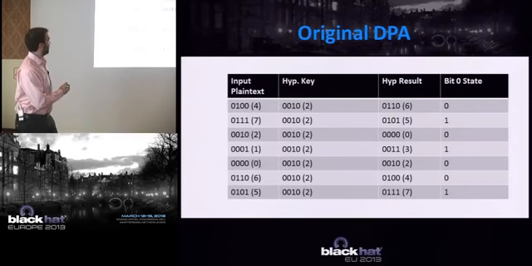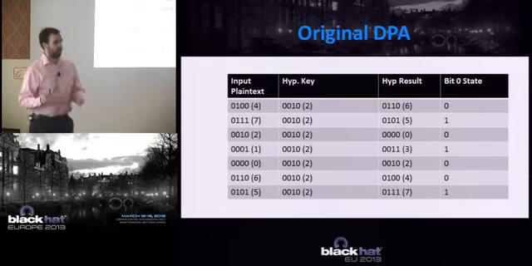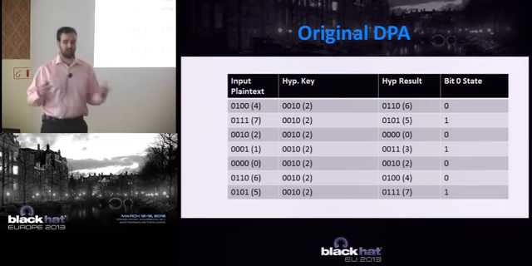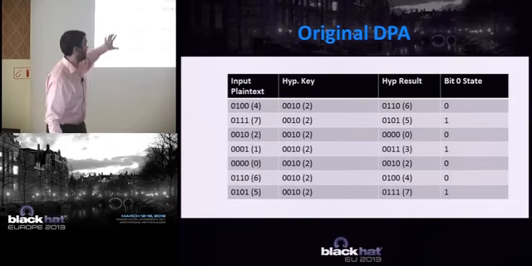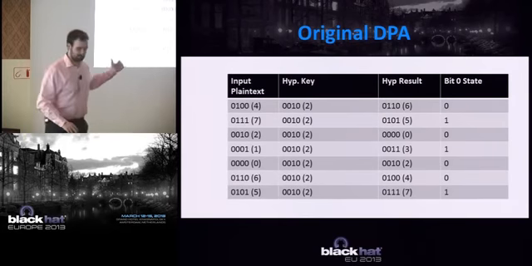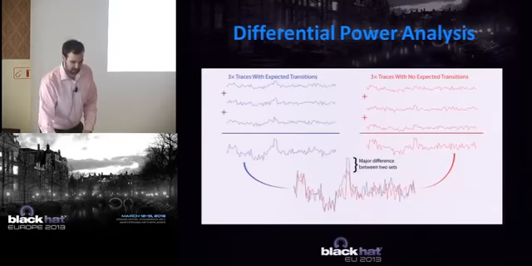All the power traces where I think bit 0 is 0 in the hypothetical case, I'm going to put to one side, and all of them where I think it was 1, I'm going to put to the other side. Remember, I don't know the key, I'm just guessing. So I'm going to have 16 different arrangements of these power traces.